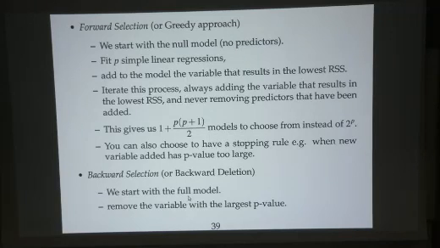Once we're done with that, you then consider models like just TV and radio, or TV and newspaper. So you iterate this process, always adding the variable that results in the lowest RSS.